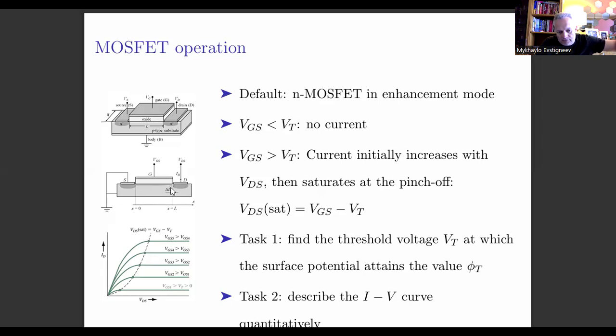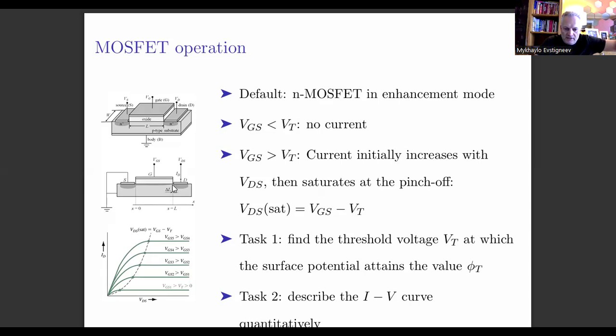And it may happen that the difference V gate minus V drain, that is the voltage between the gate and the point in the very right part of the inversion layer, reaches the value of the threshold voltage.